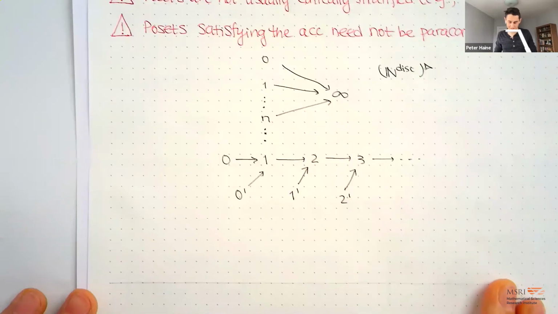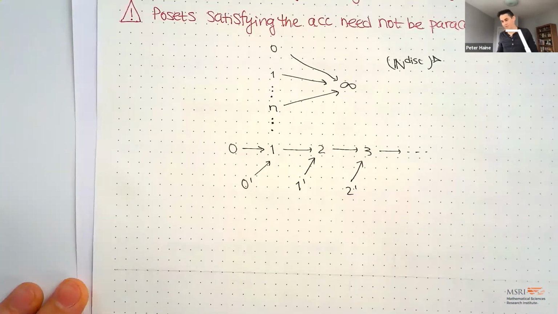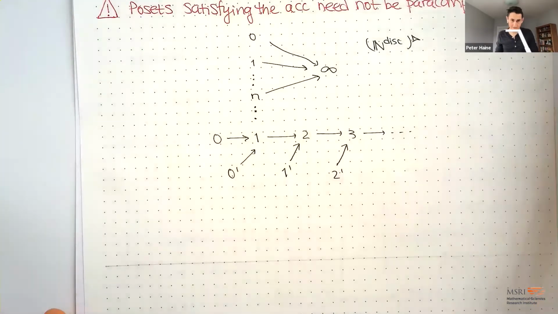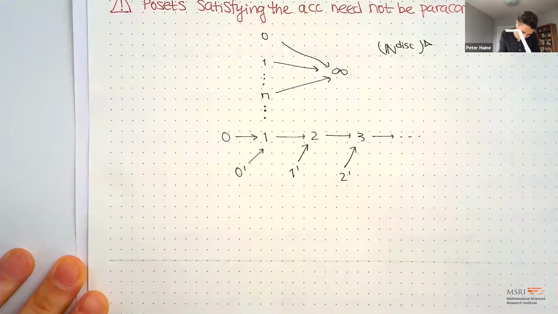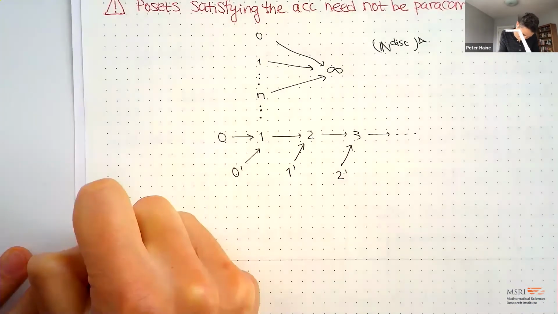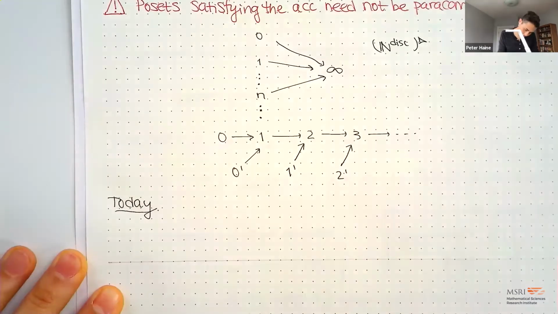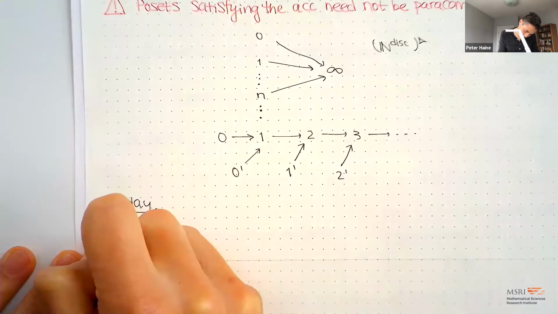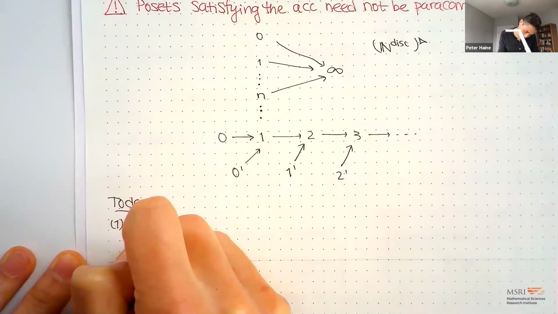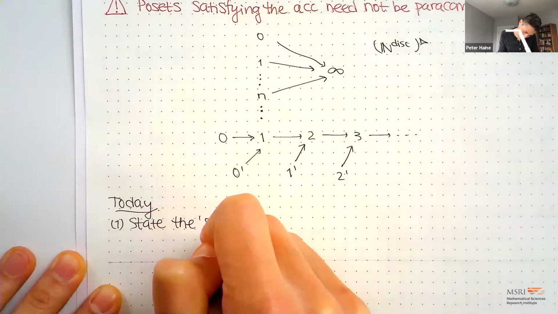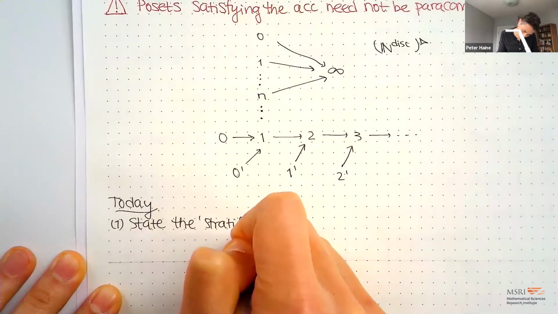Okay, but that was really a digression. So now I want to get into actually talking about something new. So what do I want to do for the rest of today? I want to state what I'll call the stratified homotopy hypothesis.